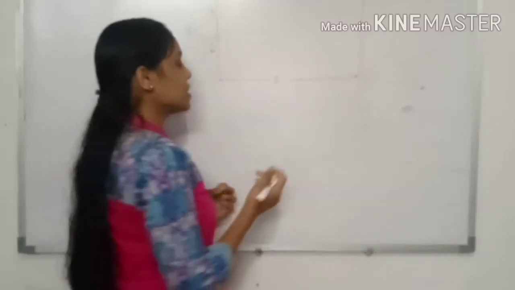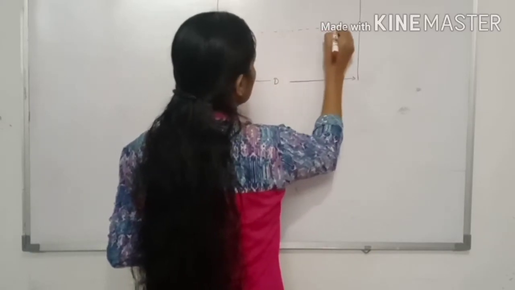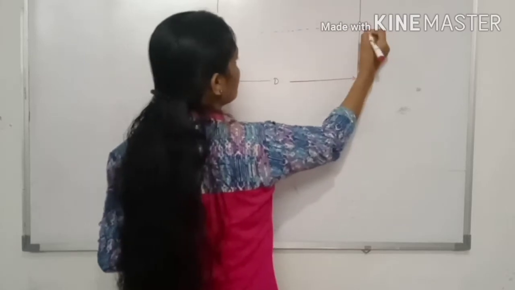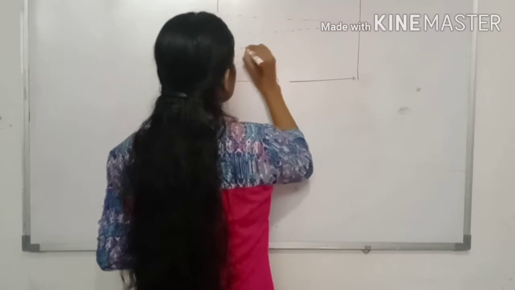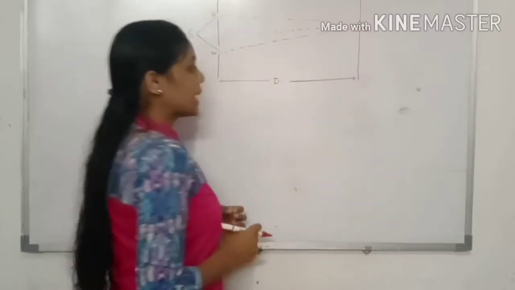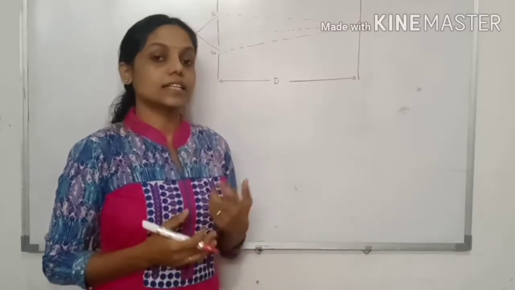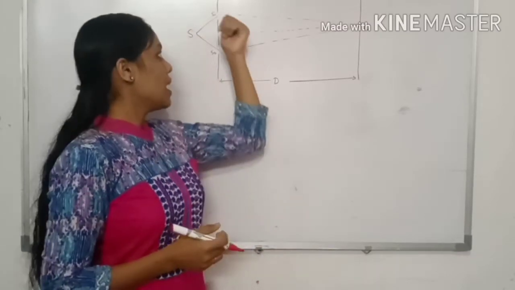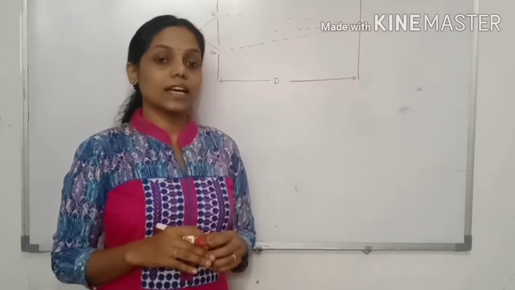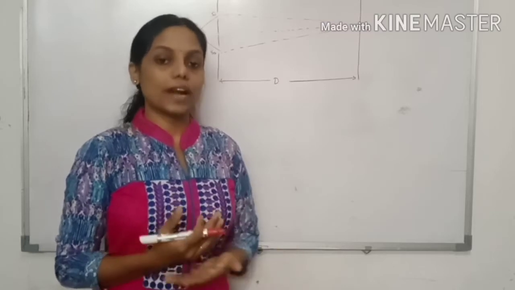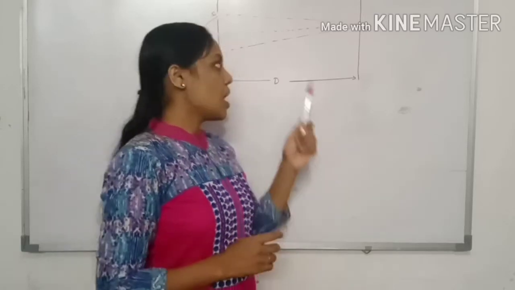When they meet at the center of the screen, from S1 and S2 they have the same path, and there is no path difference between S1O and S2O. Therefore you will get a maximum, or bright fringe, at the center O. Have you got that?